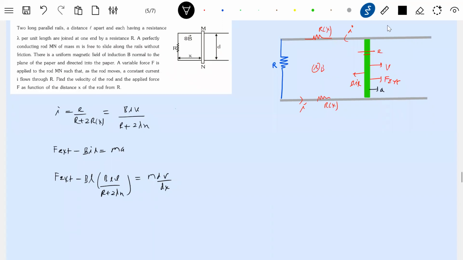Velocity of the rod: a constant current I is given for us, so therefore this will become (R plus 2λx) I by BL.